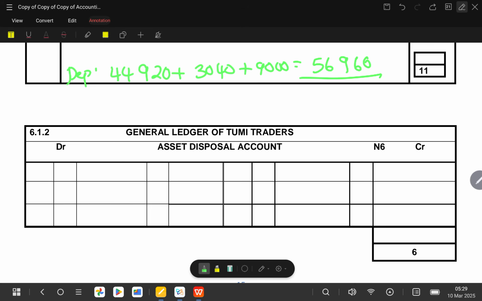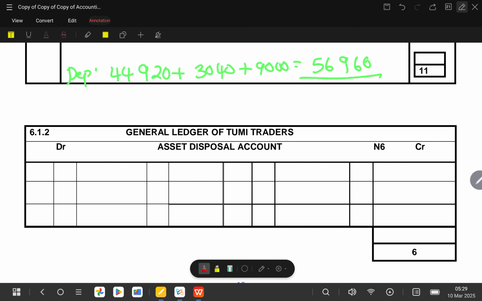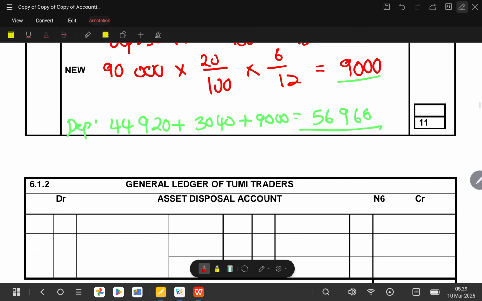So remember, the disposal took place on September 2019. When you sell an asset, remember they sold equipment, so you'll debit asset disposal and then you credit your equipment.